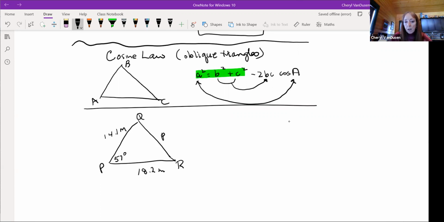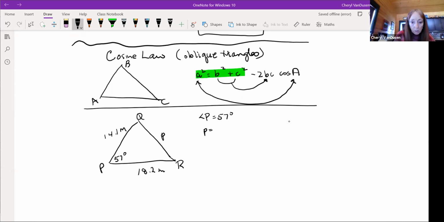Now, as I mentioned back in the sine law, you have to have a set of letters. You have to have angle P and side P, or angle R and side R, to be able to use the sine law. And then the sine law is much, much easier. So let's write down what we know and figure out what in the world's going on here. We know that angle P is 57 degrees.